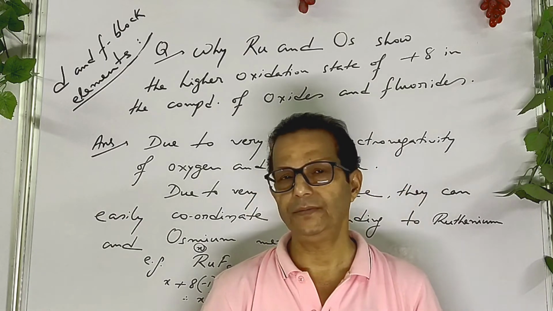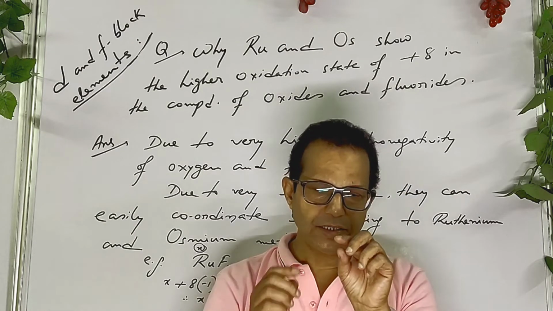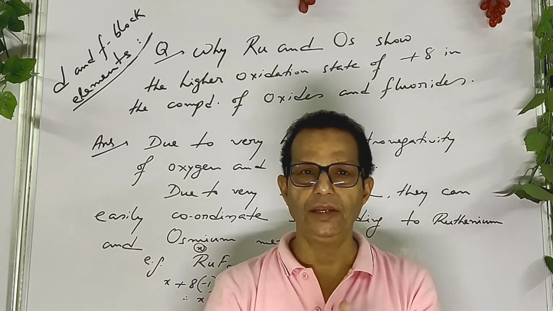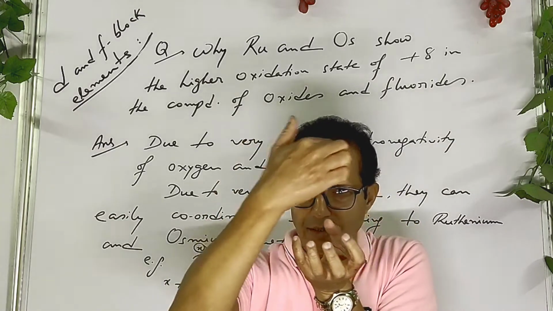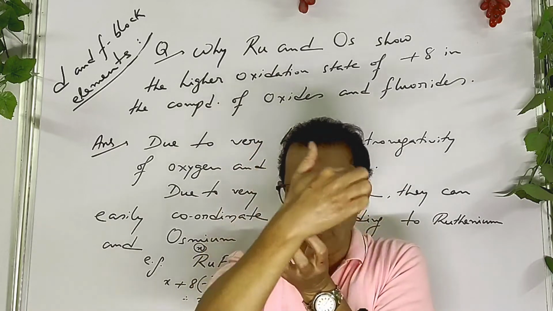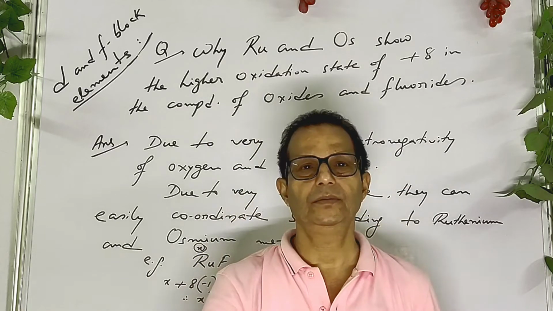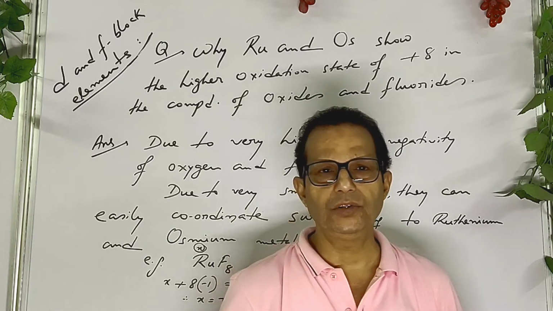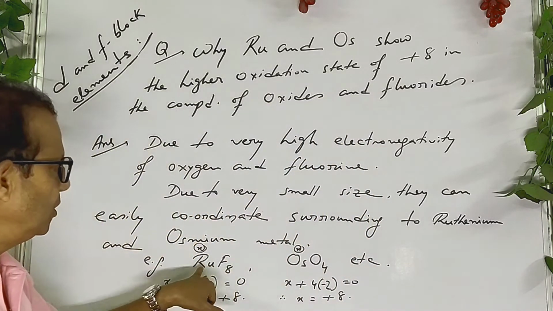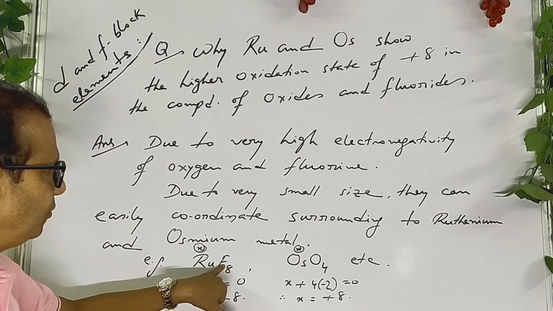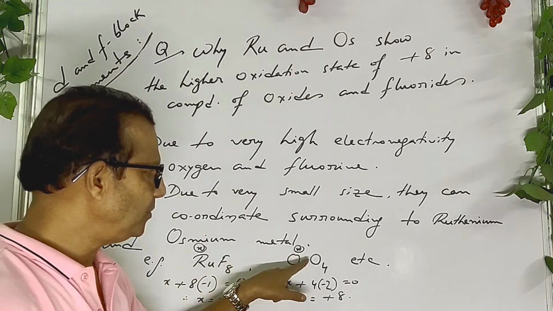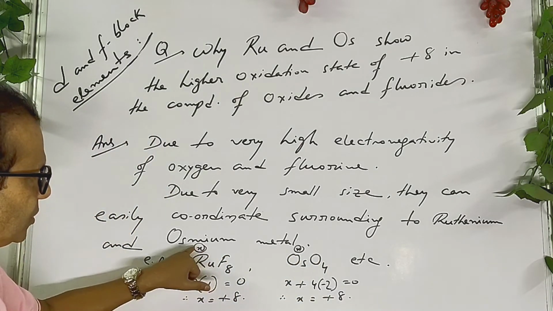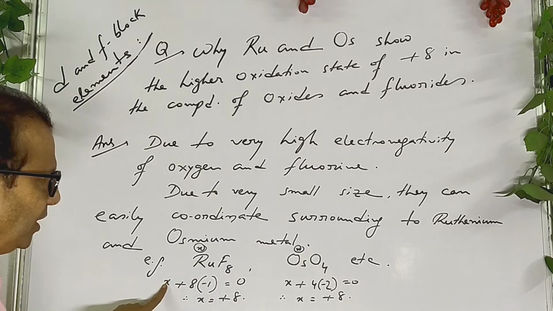And another reason, due to the very small size of oxygen and fluorine, they can easily coordinate around ruthenium and osmium. That's why they form compounds like ruthenium octafluoride and osmium tetraoxide. See, for ruthenium, say X is the oxidation state to be found.